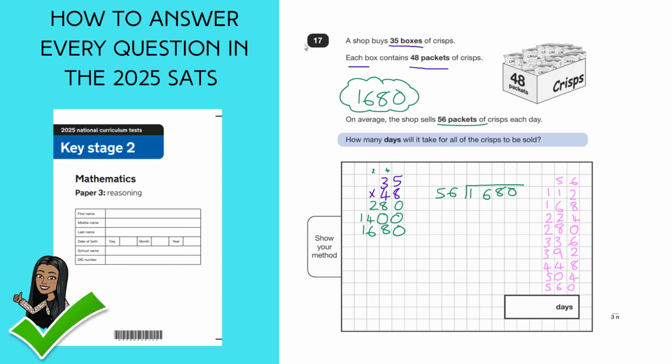If I look down my list, it is 3 times fully. So you would subtract the 168, which gets to 0, bring your 0 down. How many times does 56 go into 0? It goes 0 times, so it is 30. So it takes exactly 30 days for 1,680 packets of crisps to be sold.